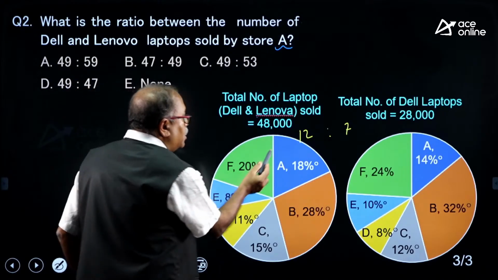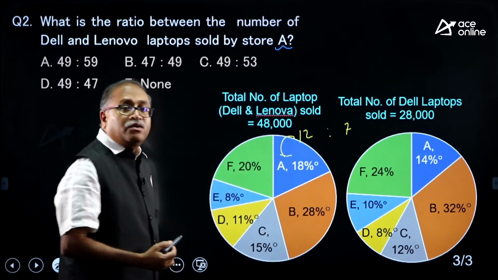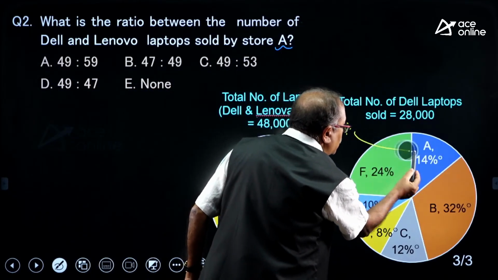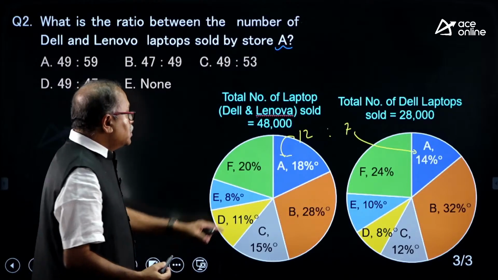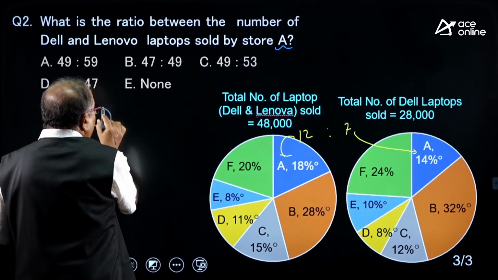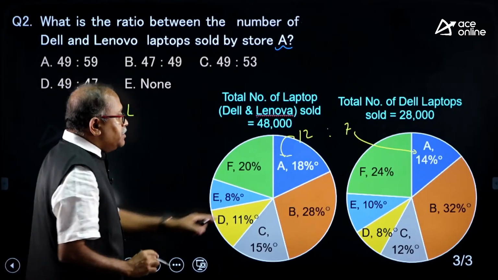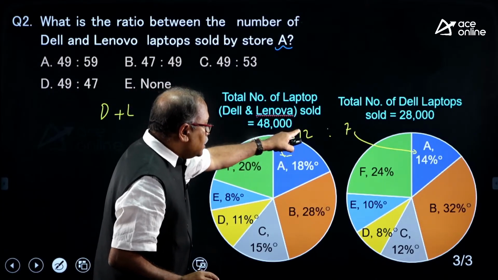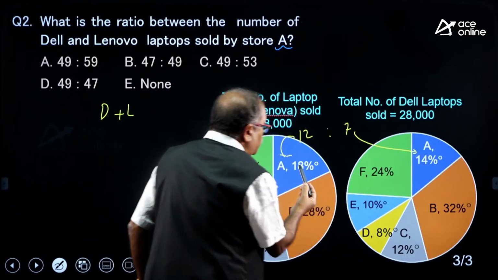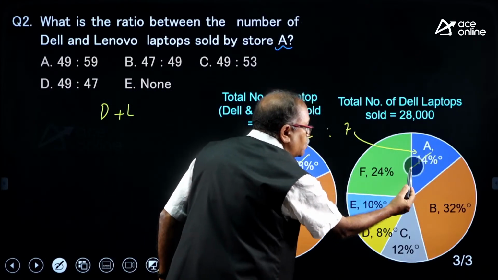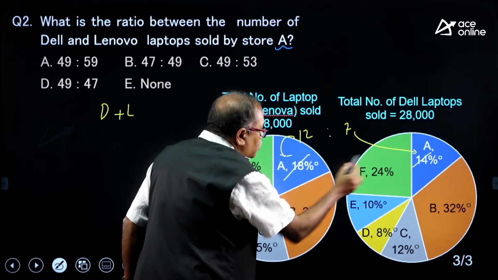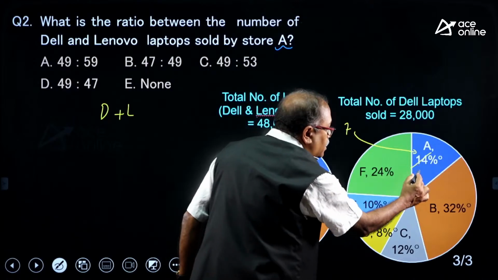Now, 12 into 18. What comes 12 into 18? And here about Dell, that is 7 into 14. So, let us come to this one. I will be getting the total of Dell plus Lenovo here, and that is 12 into 18. And as both A and A are there, you can make the ratio over here. So, therefore, the ratio of this here is 9 and here it is 7.